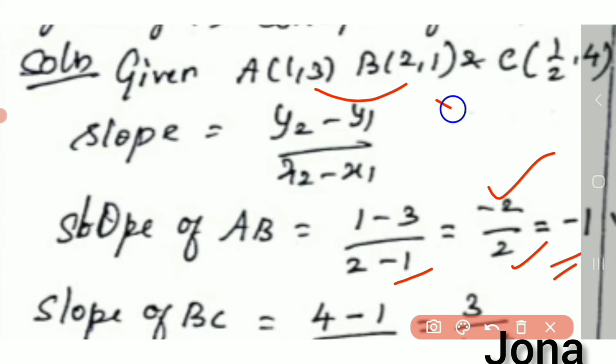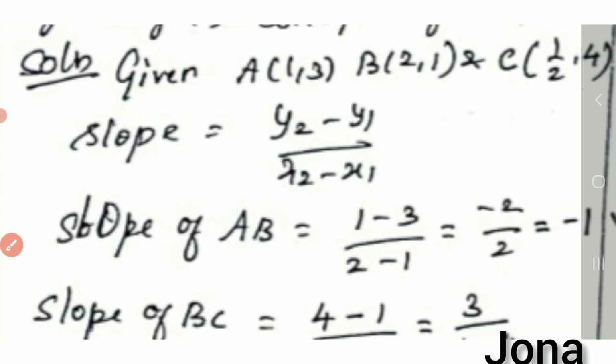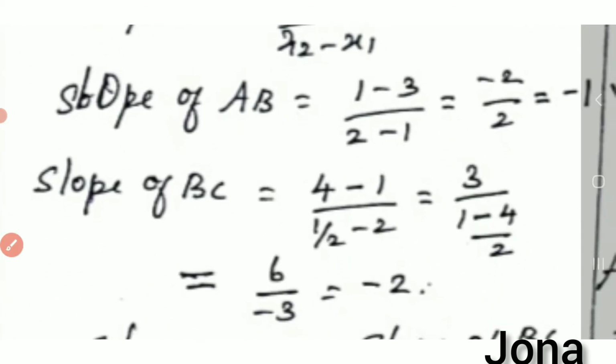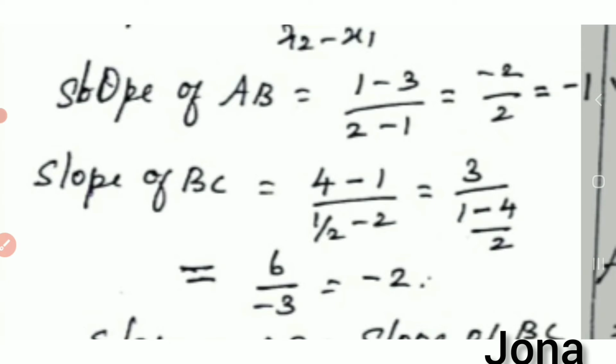And slope of BC, we can take 4 minus 1 divided by half minus 2 equal to 3 by 1 minus 4 by 2. So if we take LCM there, 1 minus 4 is minus 3. Take this 2 to the numerator, that is minus 6 by minus 3. That is nothing but minus 2.